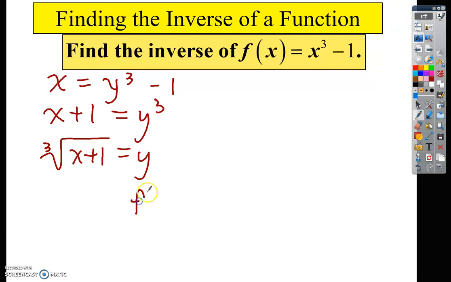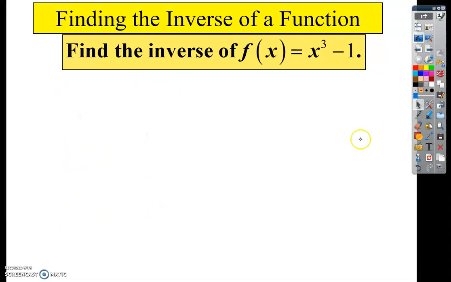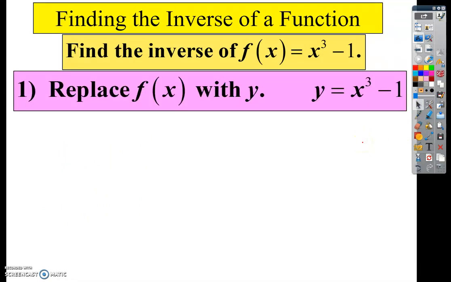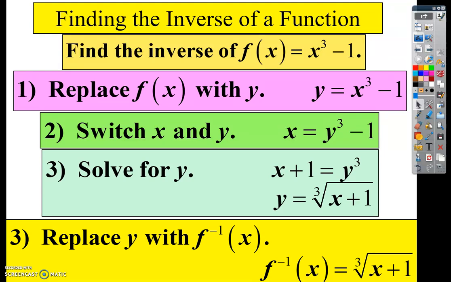And so f inverse of x equals the cube root of x plus 1. It's pretty straightforward. If you remember doing this from last year, it should not be a major challenge. Replace the variables, solve, and there we have it.